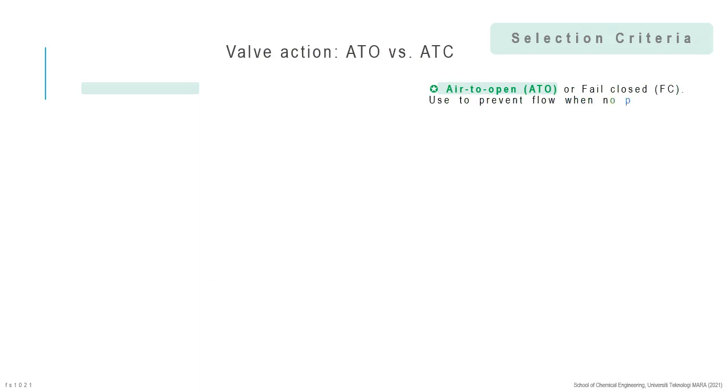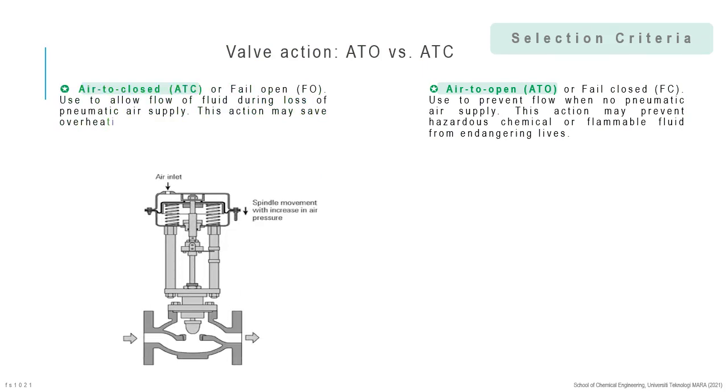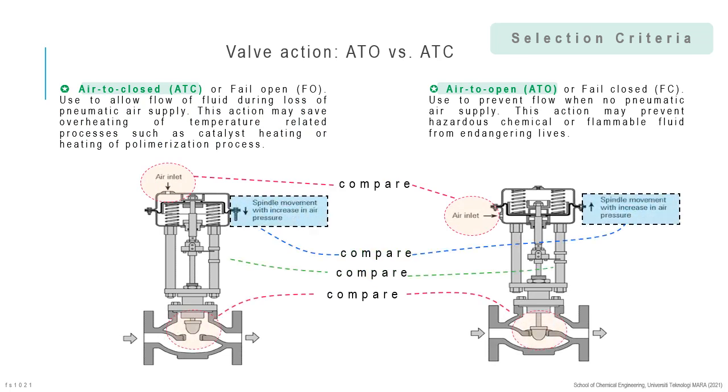There are two selections of direction of control valve: ATO, which is air to open, and ATC, which is air to close. Air to close, or ATC, or fail open, is used to allow flow of fluid during loss of pneumatic air supply.